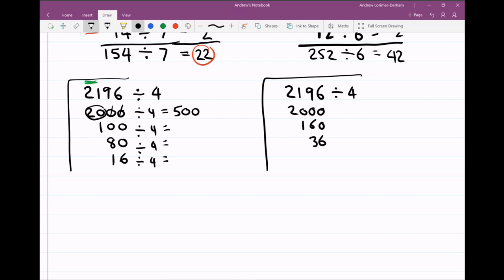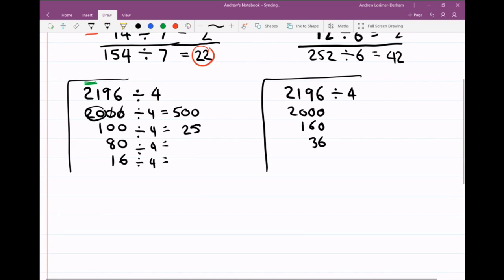This time, 100 divided by 4, or a quarter of 100, is 25. 80 divided by 4 is 20, and 16 divided by 4 is 4. And if we add all of these up, 5 and 4 is 9, 2 and 2 is 4, 549.